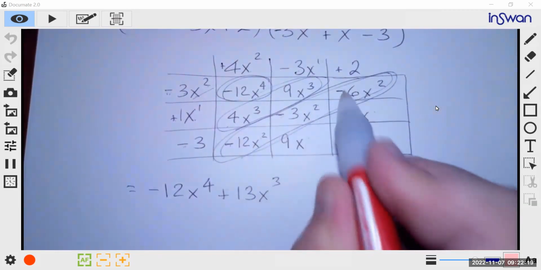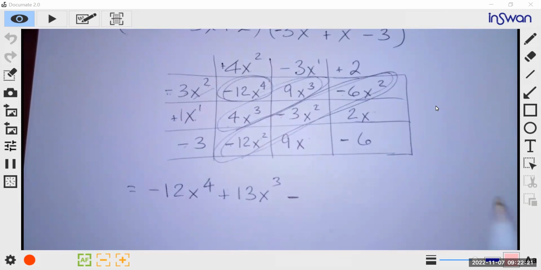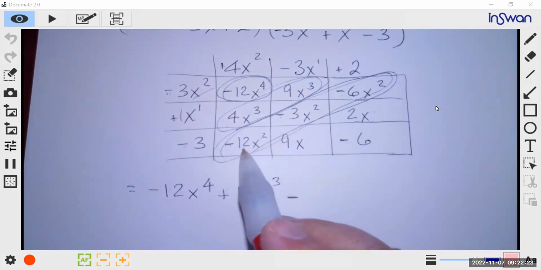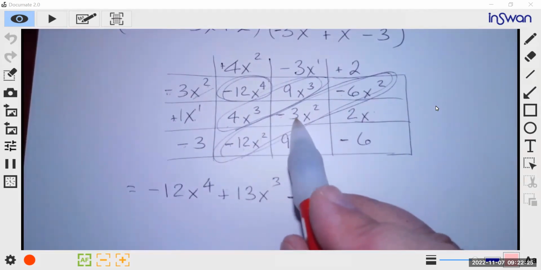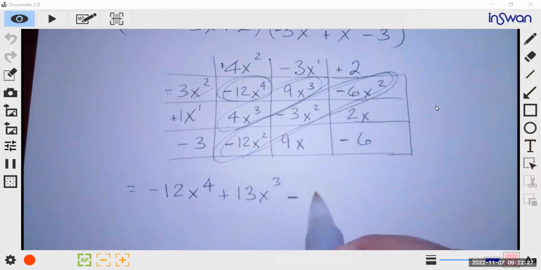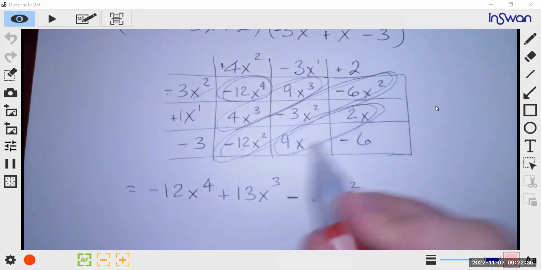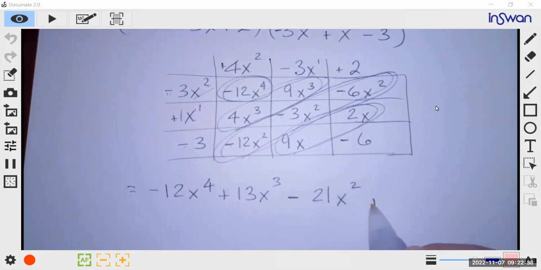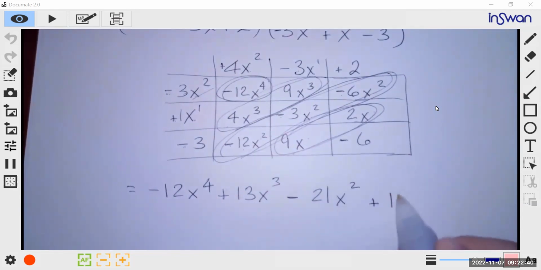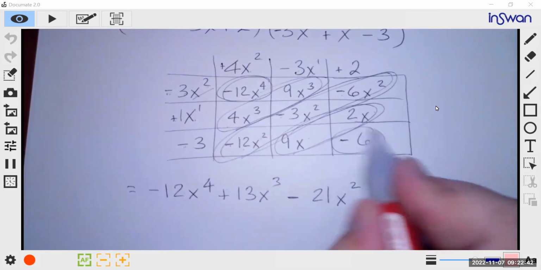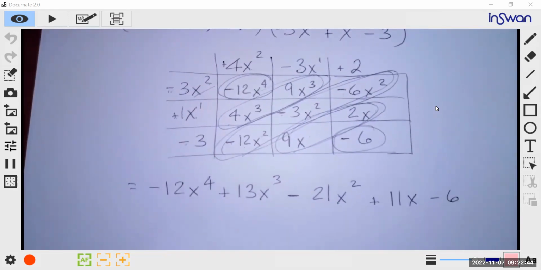They're all negative, so the answer is going to be negative. 12 plus 3 is 15. 15 plus 6 is 21. They're all x squares. The x's, they're both positive, so the answer is positive. 9 plus 2 is 11. And then whatever the last term is. And there's your answer. Pretty straightforward.